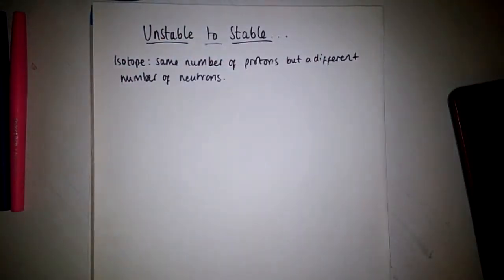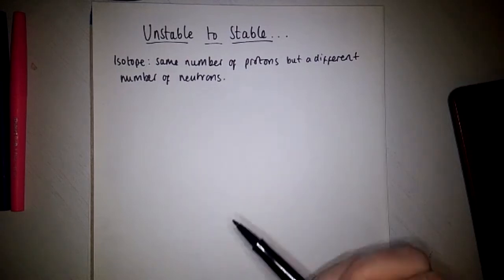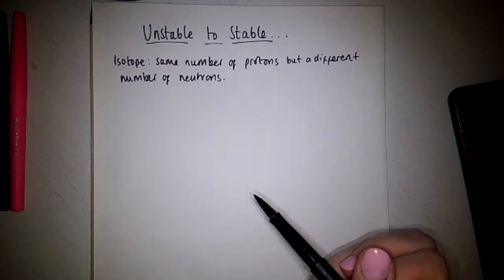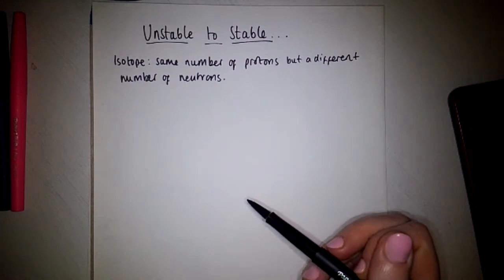If you want, you can mention the fact that it has the same number of electrons as well, but in the GCSE definition they're not really that bothered about that. As long as you say that an atom with the same number of protons but a different number of neutrons, that's going to get you 2 marks in the exam. So that's isotopes, just a very quick recap.